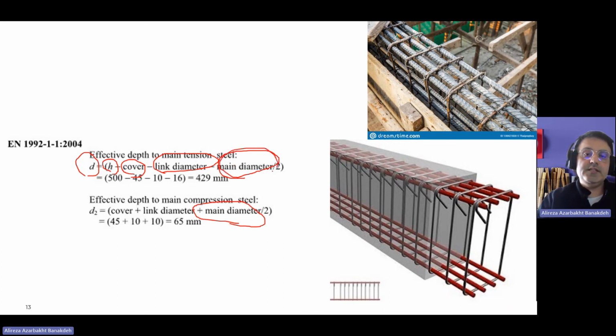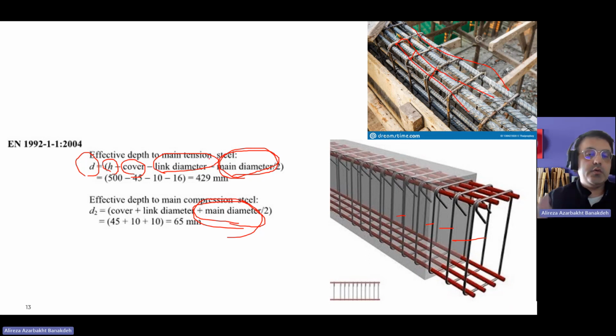So this main diameter is the bottom reinforcement, and this main diameter stands for the top longitudinal reinforcements in your section, and the link diameter stands for the transversal shear reinforcements that you can see. These are shear reinforcement, and these are longitudinal reinforcements, right?